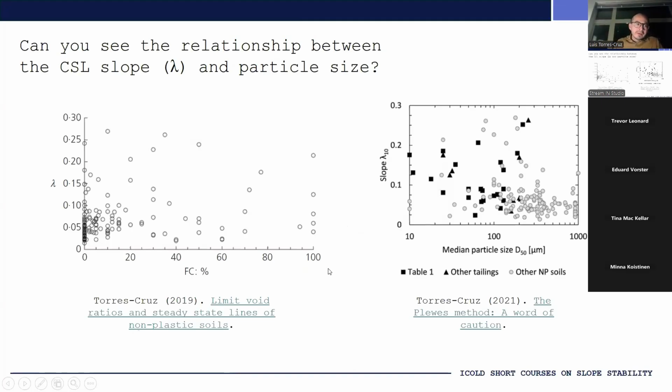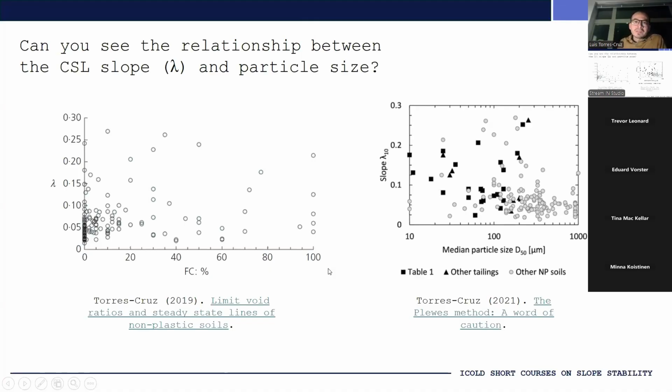I have seen that there is a common misconception that lambda is correlated to particle size. In particular, that the finer your soil, the higher the value of lambda that you should expect to see in that soil. And that might be true for soils that have a significant amount of plasticity, as I showed in the previous slide.